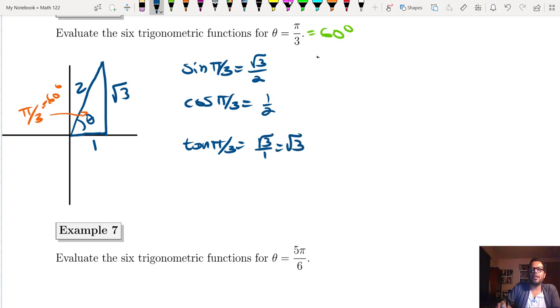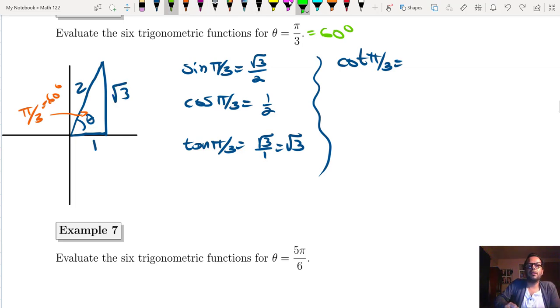And then on the other hand, we're going to evaluate cotangent pi over 3 equals adjacent over opposite. That is 1 divided by root of 3. But what are we going to do here? Rationalize the denominator.